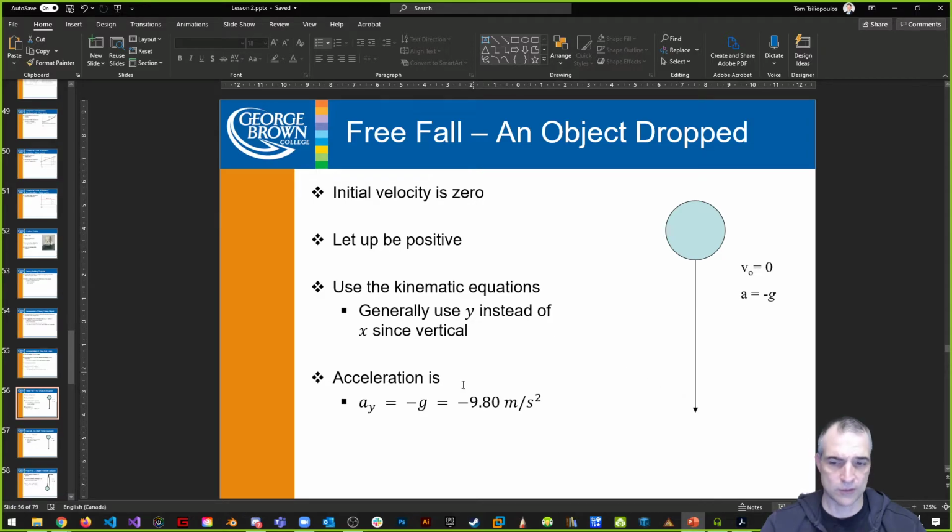So again, we can use the acceleration where the final velocity is equal to the initial velocity plus 1/2 of at squared. We would just sub in velocity on the y-axis. The initial position would be the position on the y-axis in this case, because all we care about is the y-axis when we're falling.